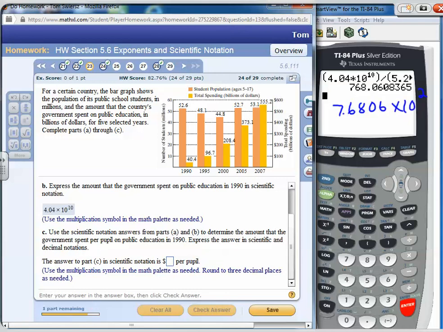Okay, we need to round it off to 3 decimals, so it would be 7.68, and the 0 would round up to 1 times 10 squared. Okay, so 7.681 times 10 to the 2nd power.